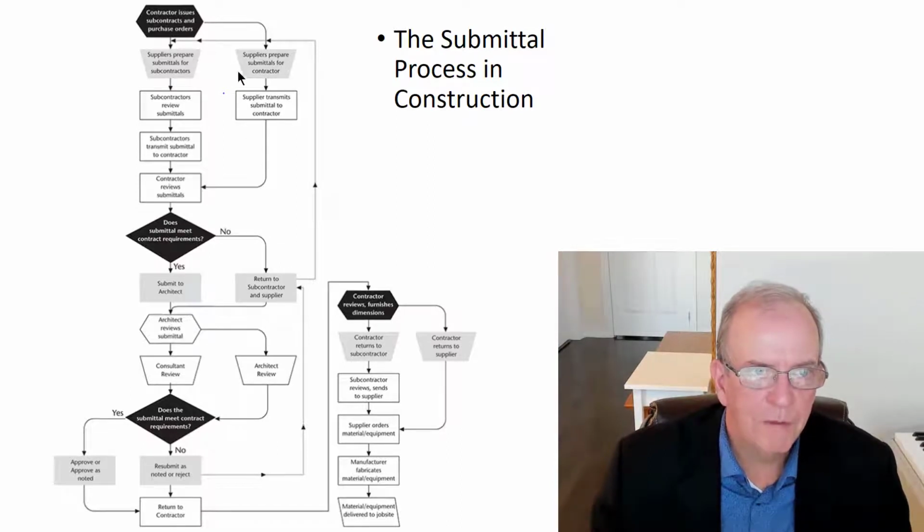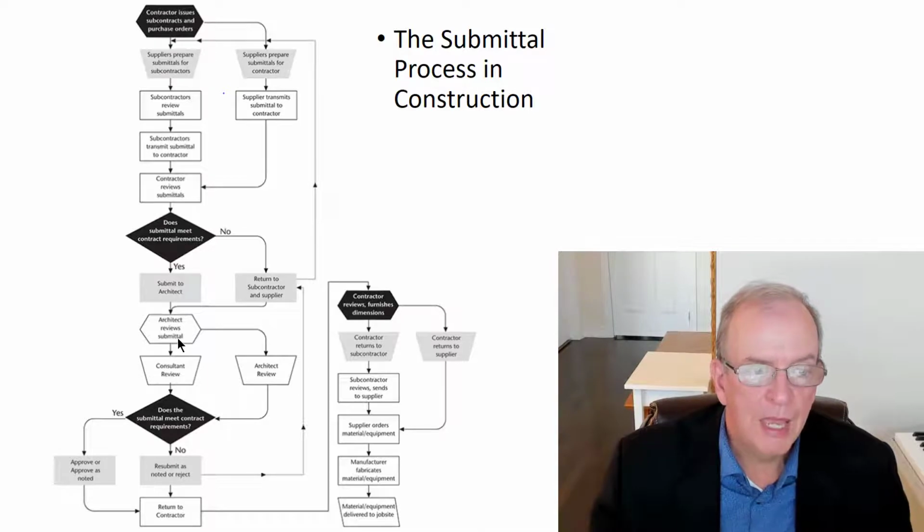So ideally, you want to be very clear what's required with the subcontractors, or with whoever the supplier is for you if you're dealing directly with them, and get it through one time, because doing this takes a lot more time, and time is money in construction. So hopefully it made it through first time, and now you submit it to the architect. The architect reviews it.